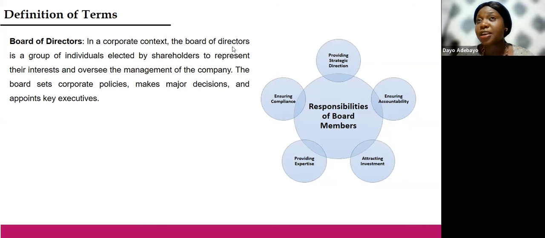They are also there to ensure compliance, and they are very key on this. Board members want to be sure that you have the right processes and the right policies, so that we don't have any litigation issues, etc. So once you join an organization, it is very important to understand who the board members are so that you can properly tailor your HR strategy to the business need.